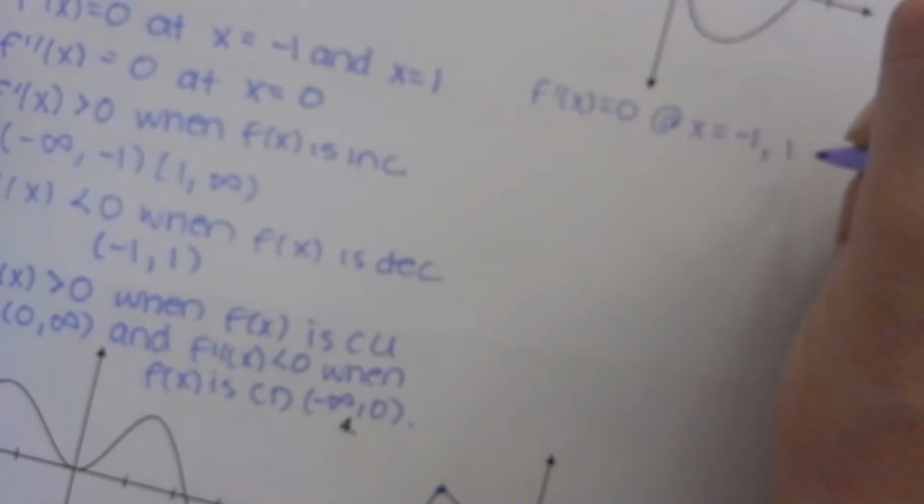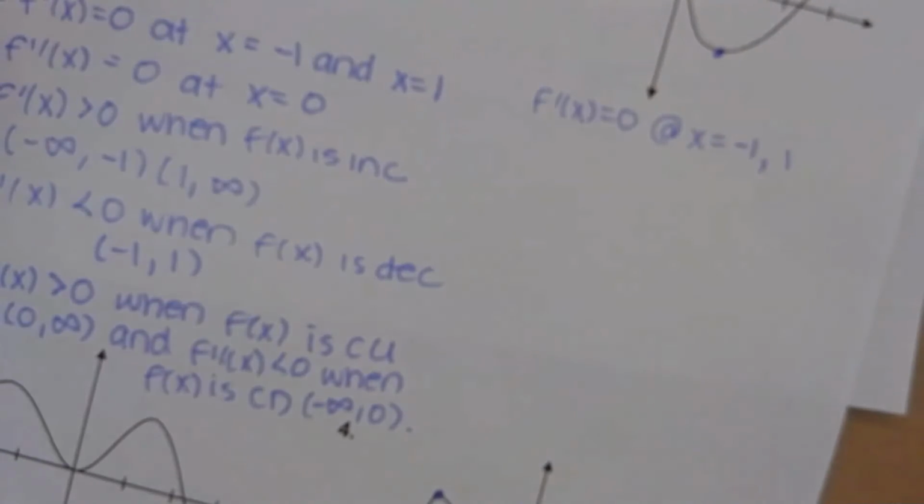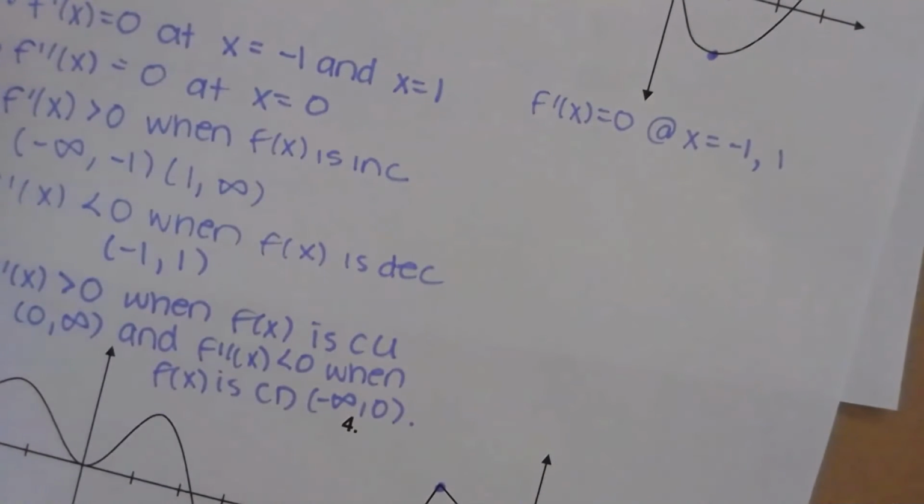Yeah, that's a gross little number, just going to call it positive 1. So it'd be at negative 1 and positive 1, because it equals 0 where the slope of the tangent is 0, which could also occur at a horizontal asymptote.